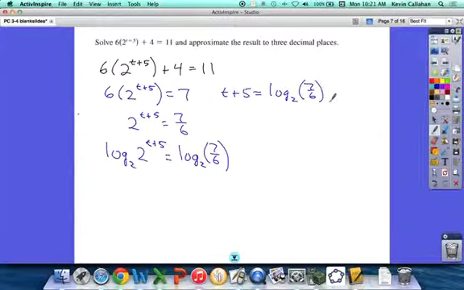Okay, now, how can we use the change of base formula to do that calculation? Let's say we use natural logs, right? T plus 5 equals ln of 7/6 divided by ln of 2.